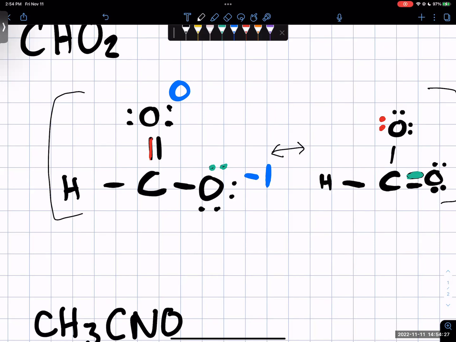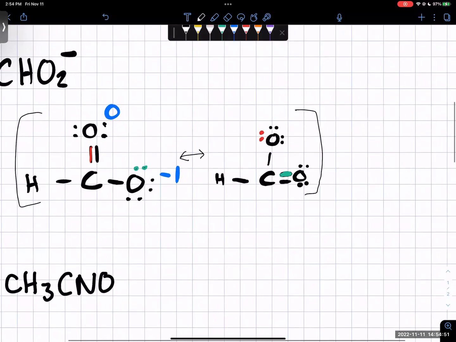So anything in the third energy level or below can form an expanded octet, because that's when your d subshell is introduced, allowing it to incorporate some interesting bonding in molecules. But anything above the third energy level, so anything in period 2 or above, cannot have an expanded octet. Okay, thank you.